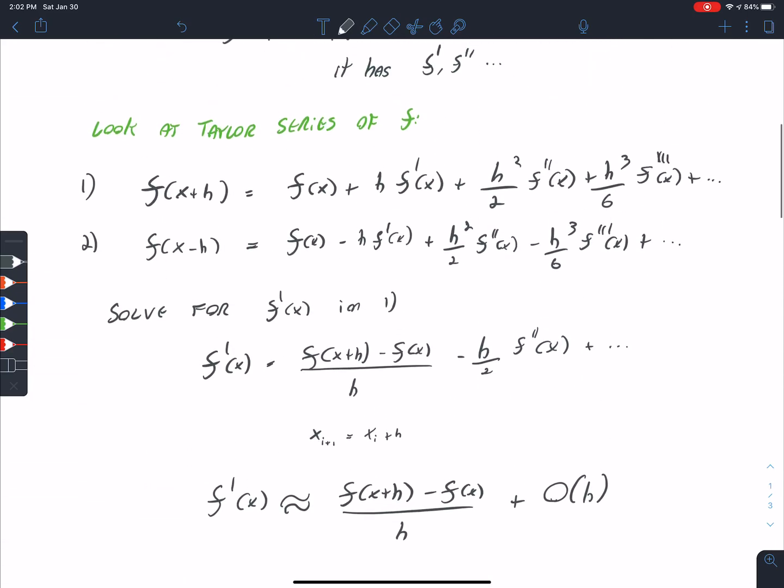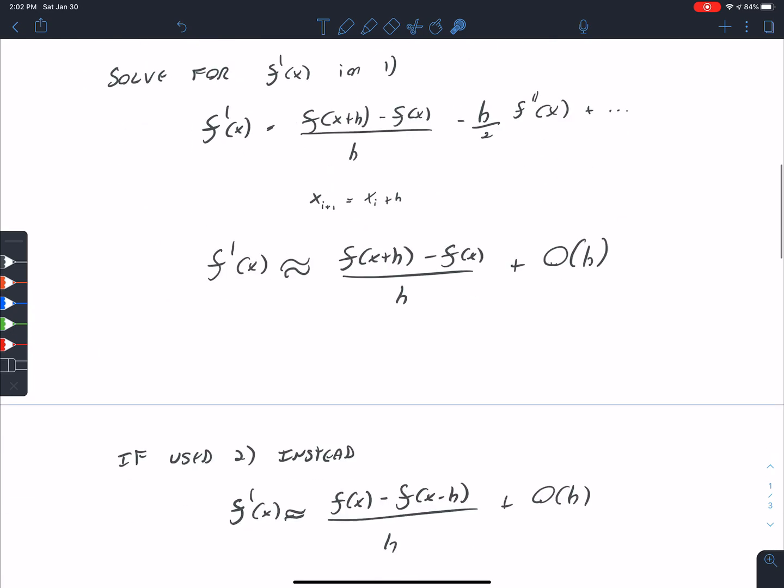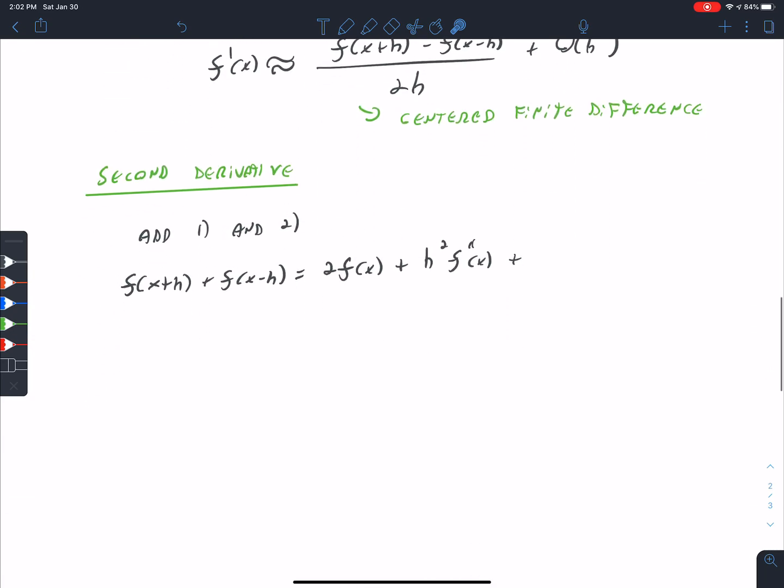Because once again, we are adding these two things, so this and that becomes 0. So all I have here really is a fourth order term left, right? So order h to the fourth.